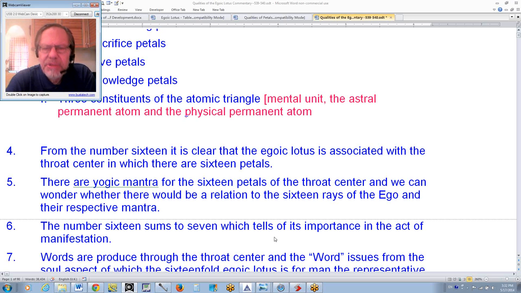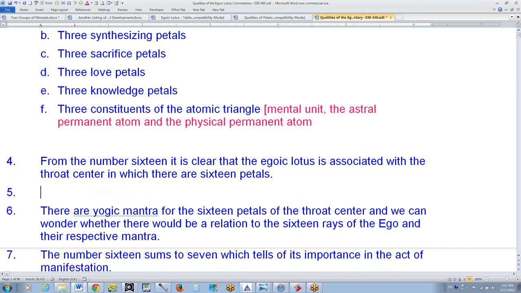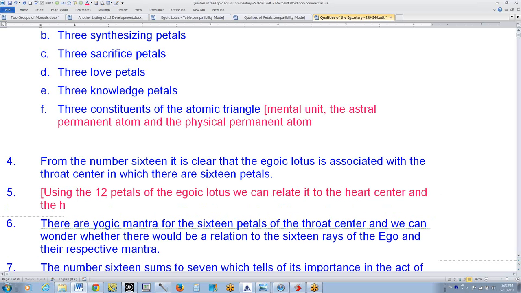Of course, we can also do this by thinking of not just the number 16 of the Egoic Lotus, but of its 12 petals, and in which case we would relate the 12 petals to the heart center. And it's clear that the Egoic Lotus is a heart center. We call it the heart center of the monad. So using the 12 petals of the Egoic Lotus, we can relate it to the heart center and the heart in the head center, both of which have 12.